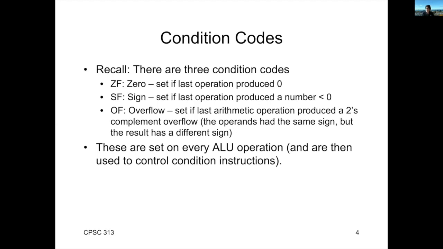Similarly, SF is a sign bit, and that is set if the last operation produced a negative number, which we interpret as a number that sets the high order bit to be 1. And then finally, there's the overflow bit, which indicates that the last arithmetic operation produced a 2's complement overflow.